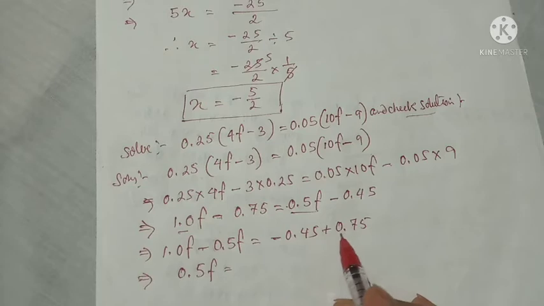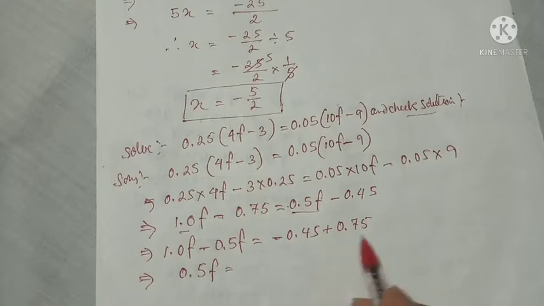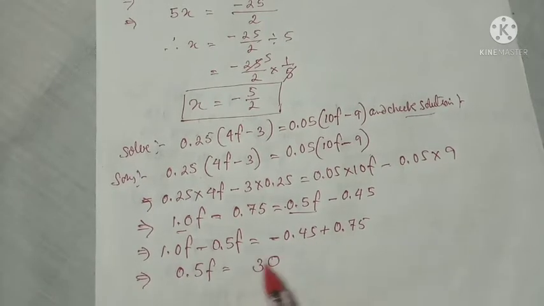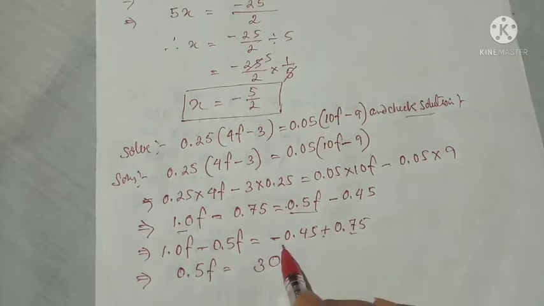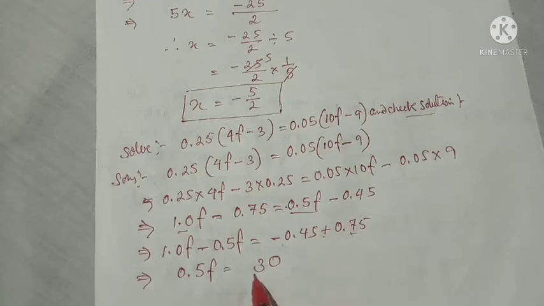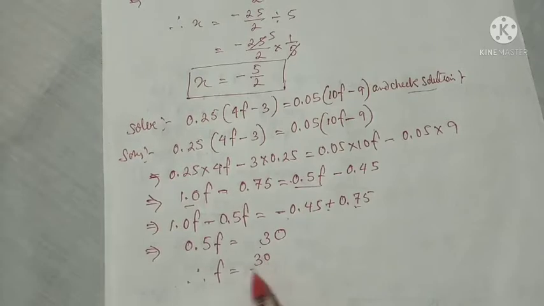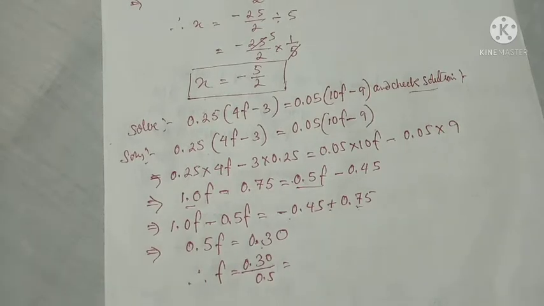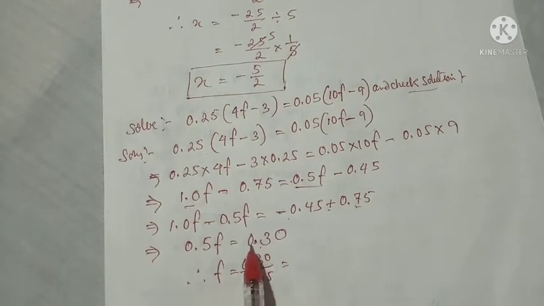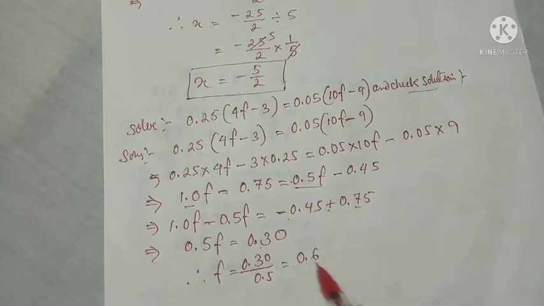Minus and plus, the sign is minus, but the digit is greater for the positive, so the minus sign will not be there. We will calculate 0.30. I forgot to put 0 point before 30. So we can easily find the variable f by dividing by 0.5. If you divide these two, the answer is 0.6.